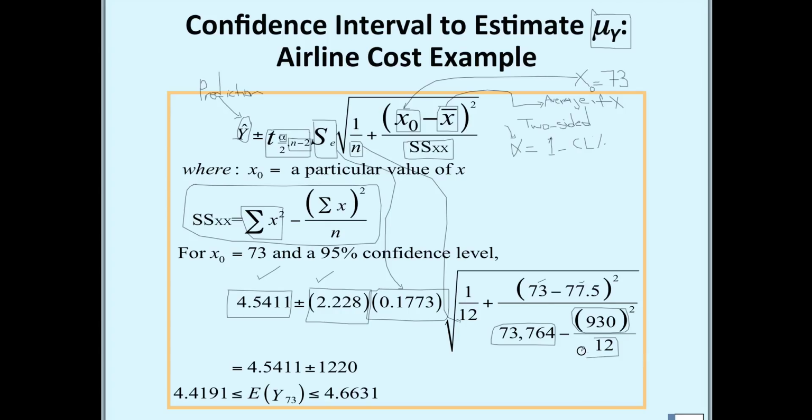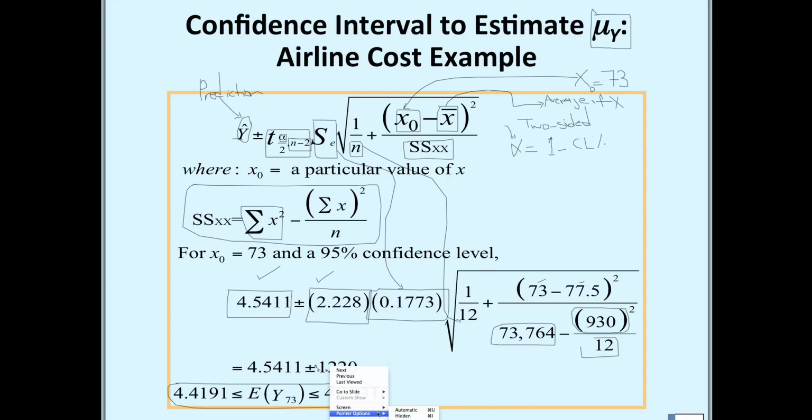So if you do the math, you would see that on average, for all of the flights that have 73 passengers, you expect your average cost to be between 4,400 and, I think that has a dot here. The point is here, so it's 0.1220.